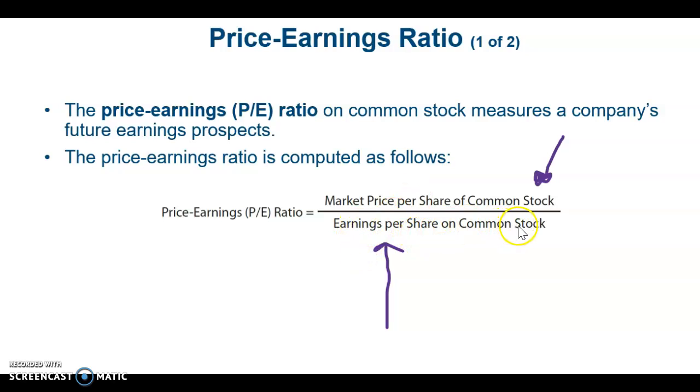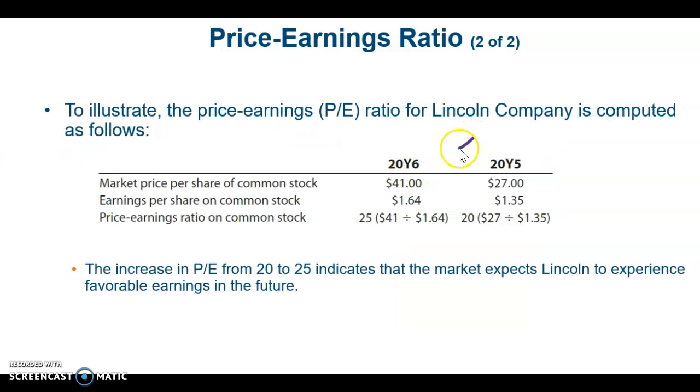Earnings per share on common stock is just the net income earned per share of stock, net income less the preferred dividends if you have any of those. So here's an example. They're giving you the market price. We calculated the earnings per share. So the price earnings ratio for 2016 is 25.